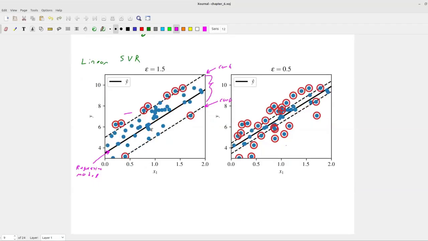So we can also call that epsilon insensitive. Now, what does that mean? That means if I take a blue dot and I add a blue dot here, and I add a blue dot here, and I add a blue dot here, it does not change the regression of the model, right? The only thing that changes the regression of the model is if I were to add a blue dot here on the outside, which then becomes a support vector.